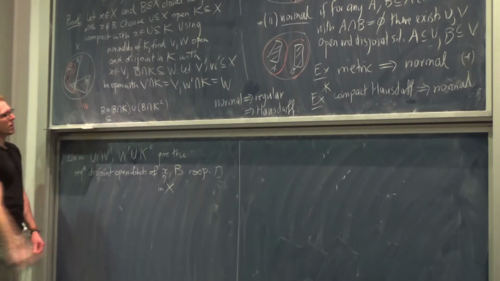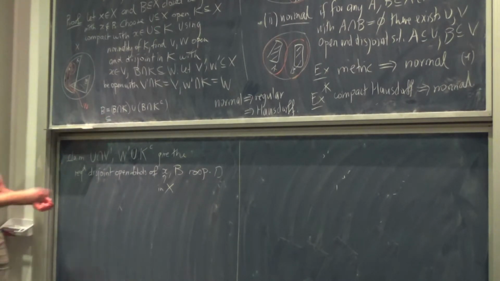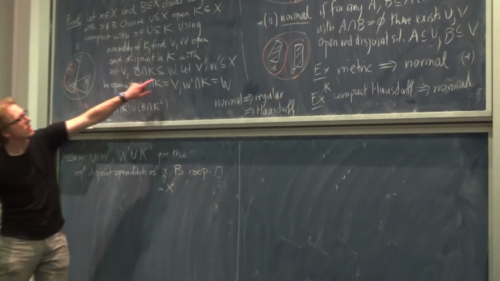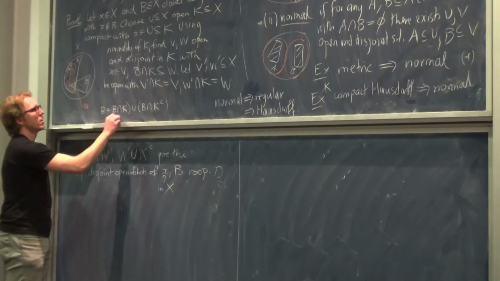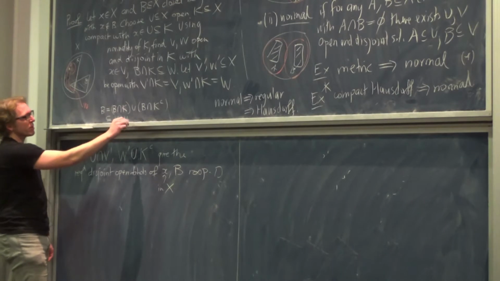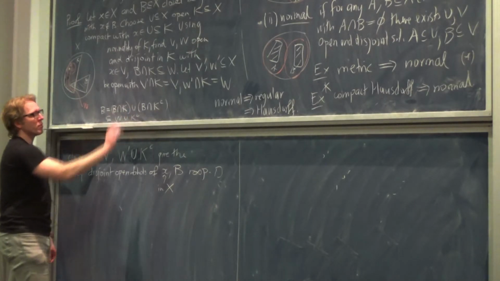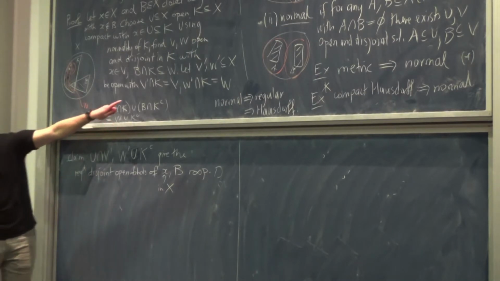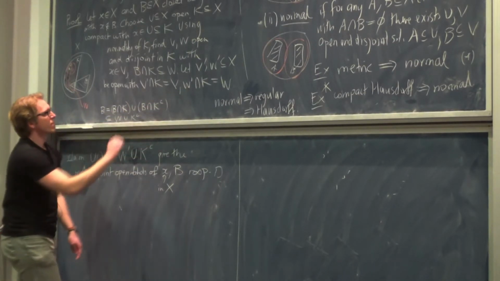And then I just observed that B intersect K is in W by the definition of W. So I used that compact Hausdorff implies normal. Normal told me I could choose exactly such a W. And B intersect K complement is contained in K complement, and W is contained in W prime.